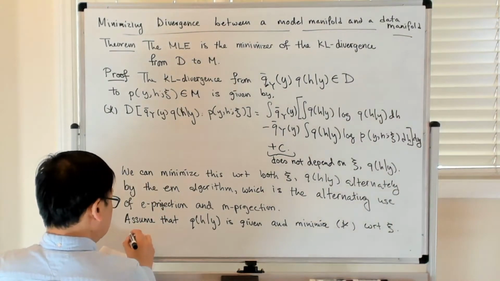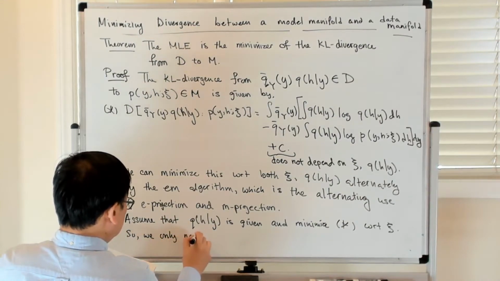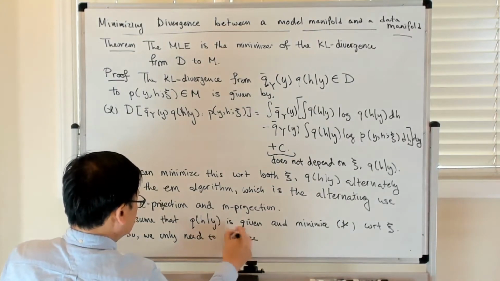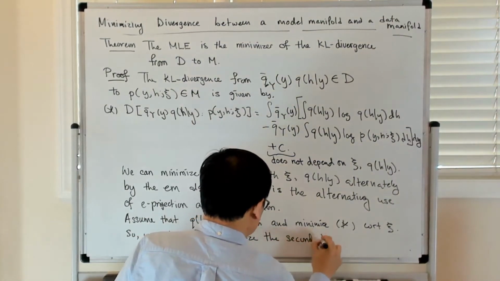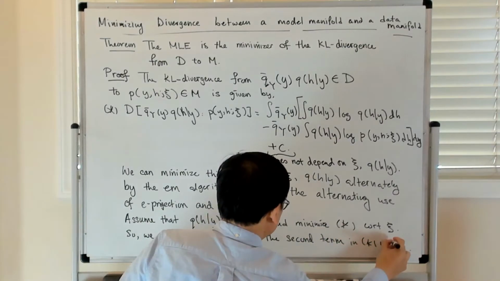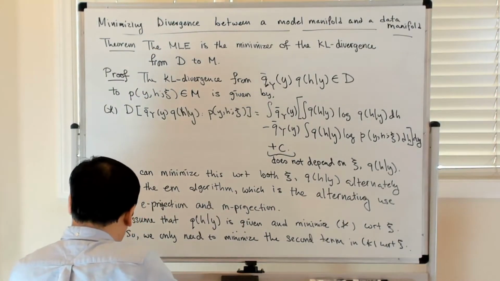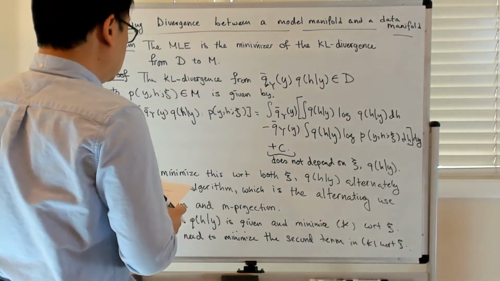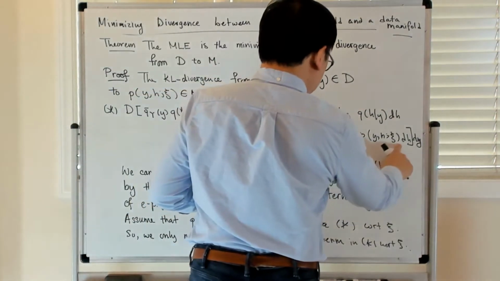So we only need to minimize the second term in star with respect to C. And in particular, you actually only need to minimize the integral, right?